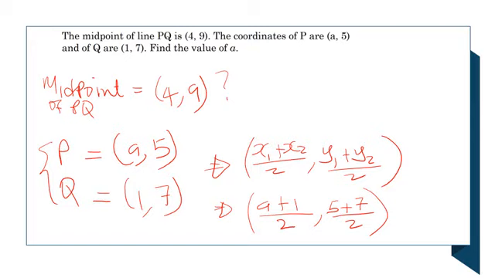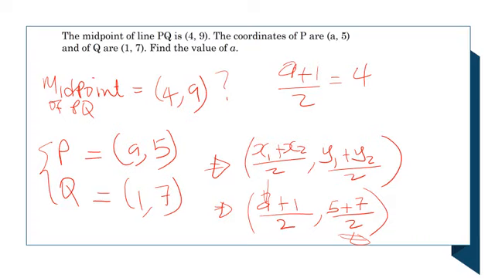So in this case, we have no use for the y part at the moment, because we want a. So it means the x value, a plus 1 over 2, should be equal to 4. For this is our midpoint. This is the formula of finding the midpoint.